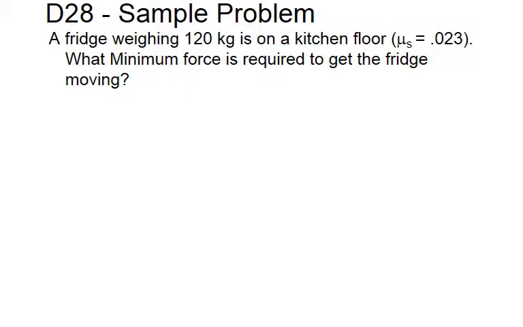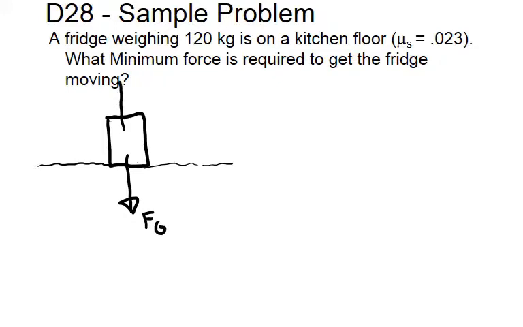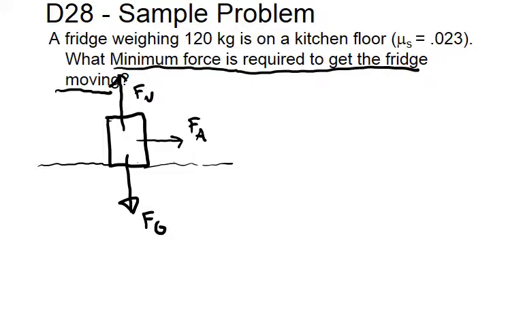So let's take a look at an example of this. You can draw a free body diagram of a fridge. So we've got the force of gravity here, we've got the normal force, and let's say we're pushing it this way, and with the force applied, what minimum force is required to get it moving? In other words, what is the maximum static friction force?